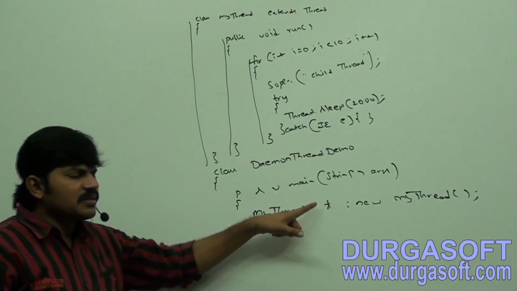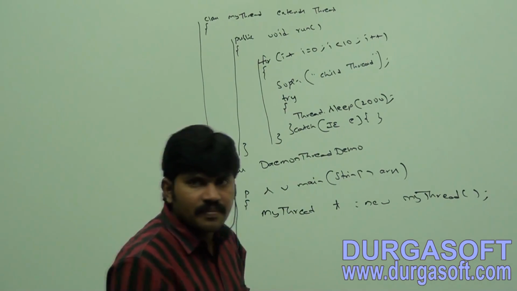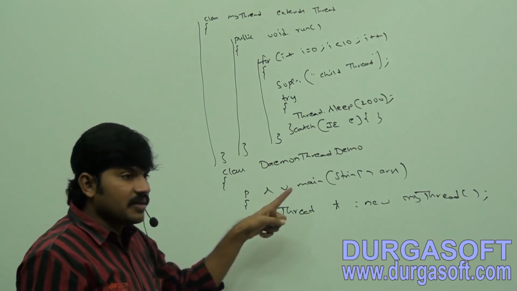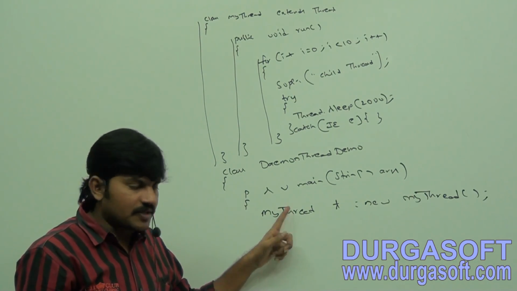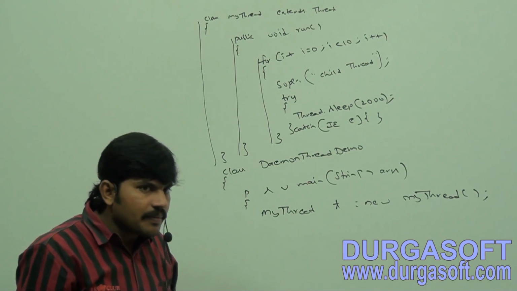Is this t Daemon or non-Daemon? Non-Daemon, because if the parent is non-Daemon, the child is automatically non-Daemon. Can I change the Daemon nature of t? Yes.